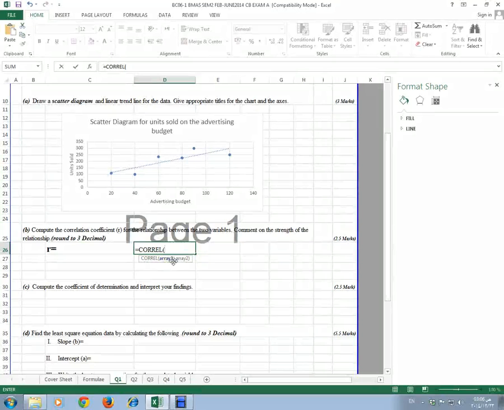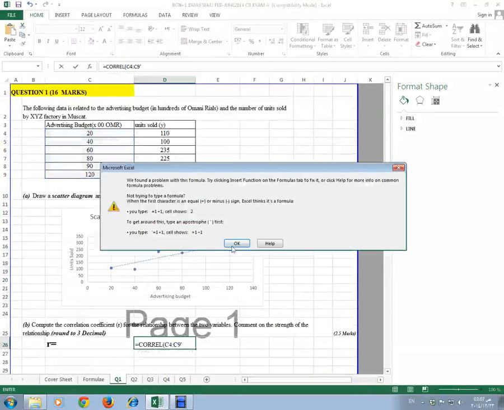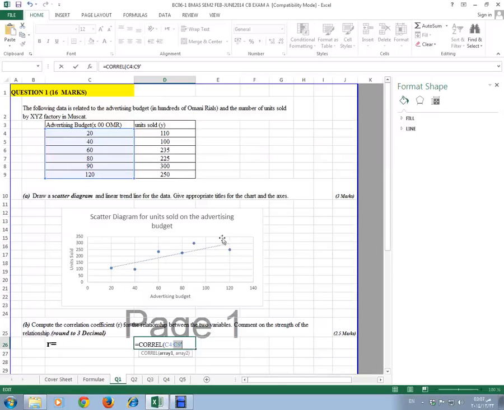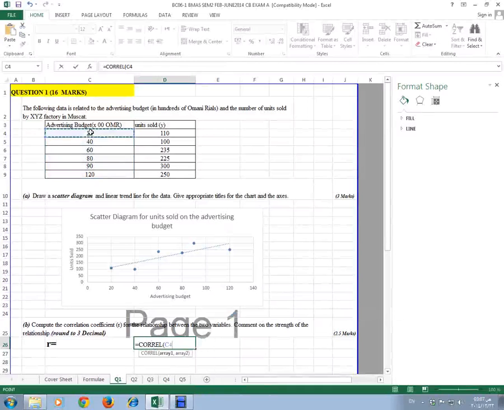Between them there is a comma. So the first array, then comma, then the second array, and press enter.